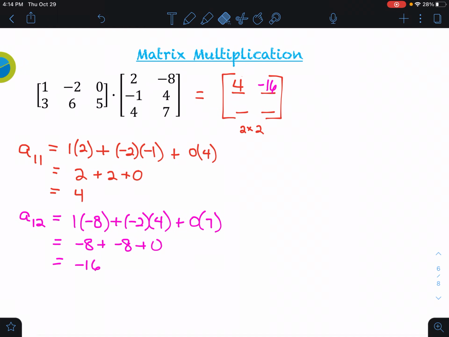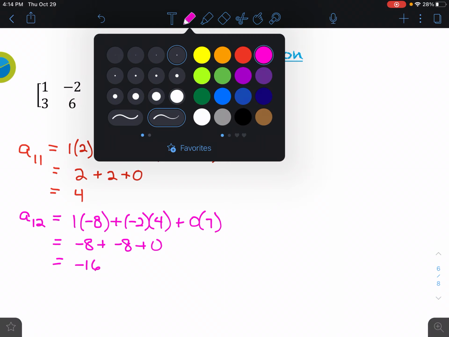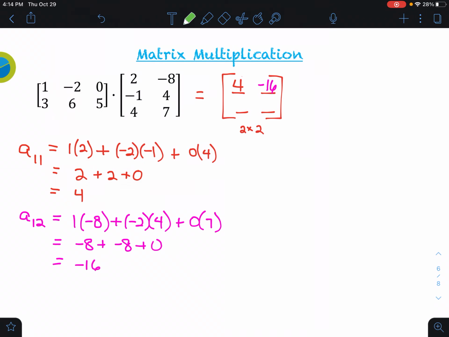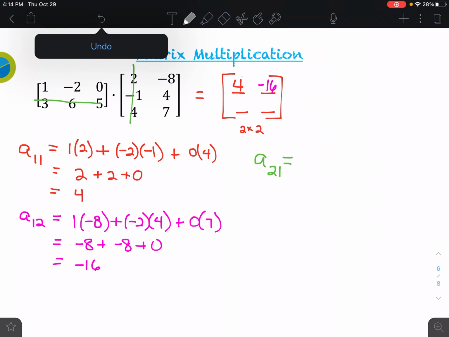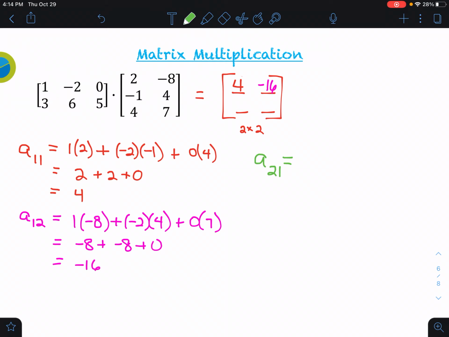All right, now we'll switch colors again. We're going to do the answer. This is row 2, column 1. Okay, so now we're looking at row 2 times column 1. So that means I'm going to go 3 times 2, then 6 times negative 1, then 5 times 4.